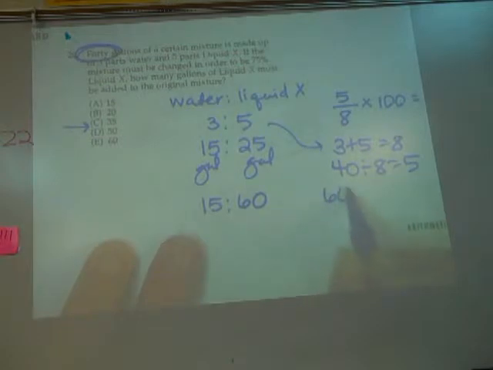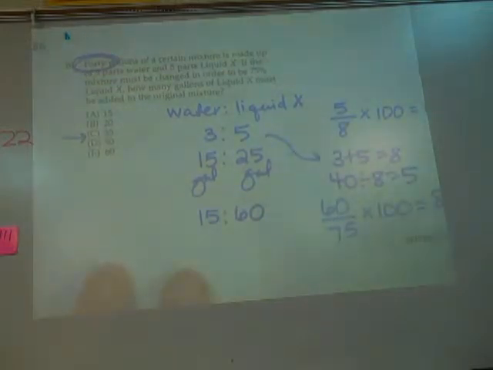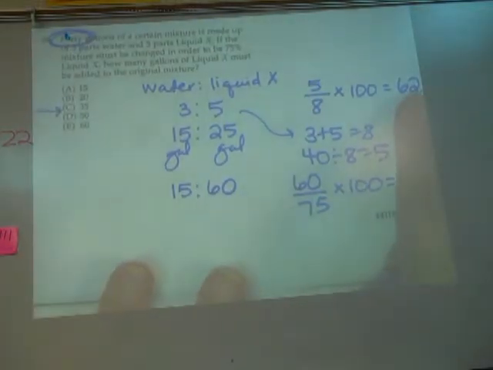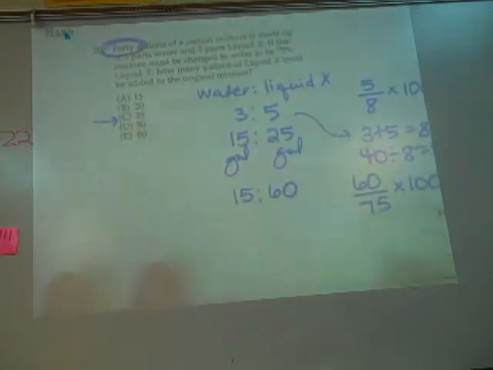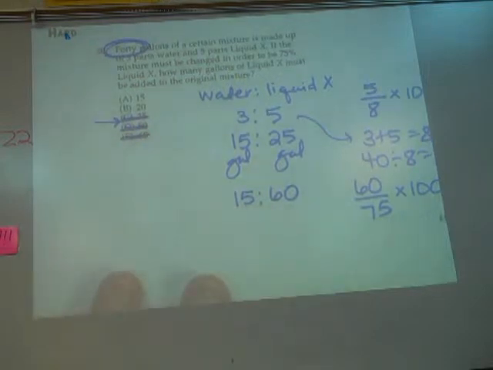Well, it's 60 out of 75, because now the total that I have is 75, times 100, which is 80%. So I added too much. I've increased the percent of liquid X from 62.5% to 80%. So adding 35 was adding too much. It made the percent of liquid X too high. So it's not C, D, or E. Alright, so it's not this one where we added 35.